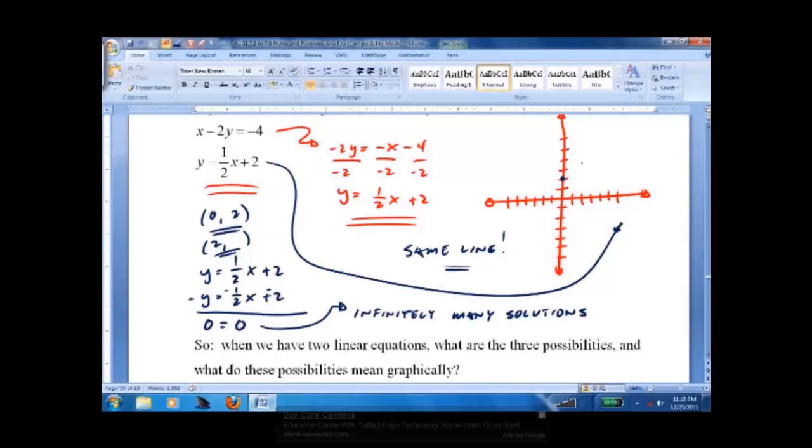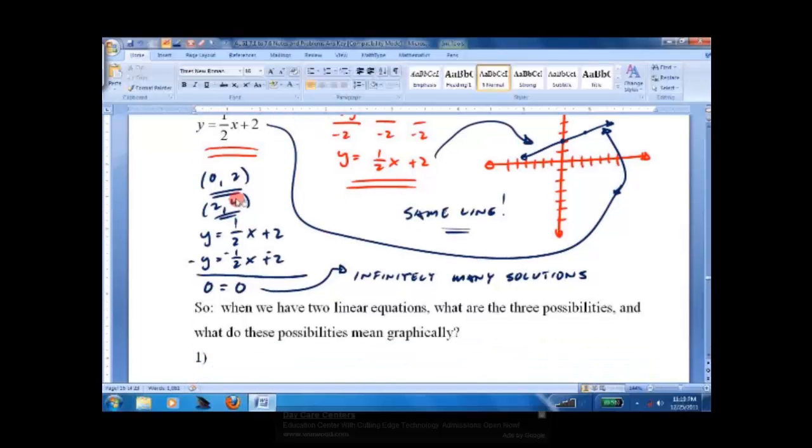Up 1 over 2. Oops. Now we got it right. But regardless, still the same line. Everything we've said is true. So there's just an infinite number of points. They just have to make sure they work.